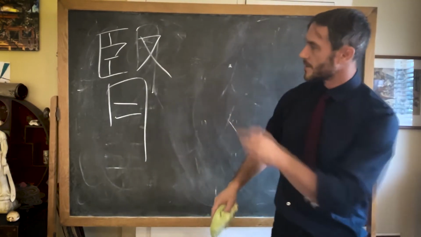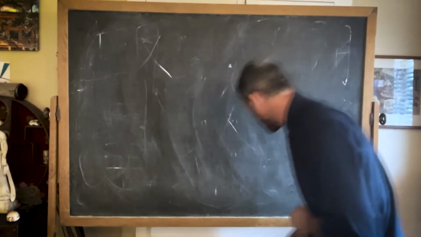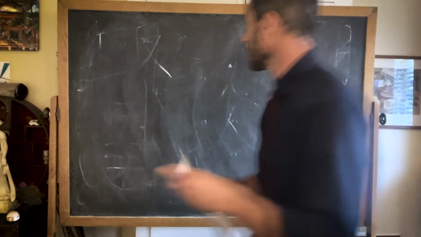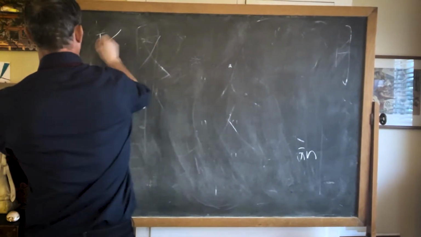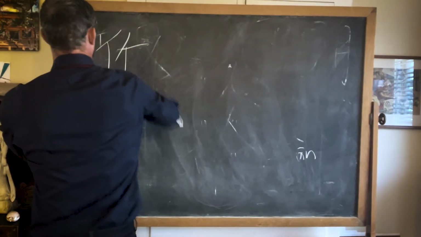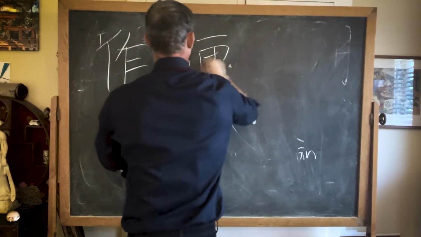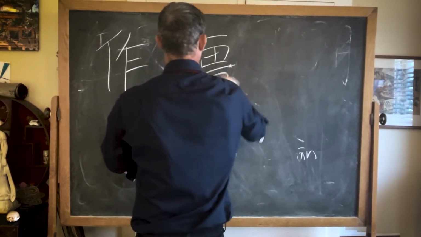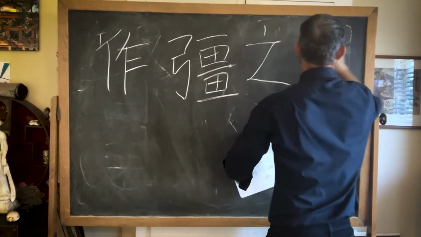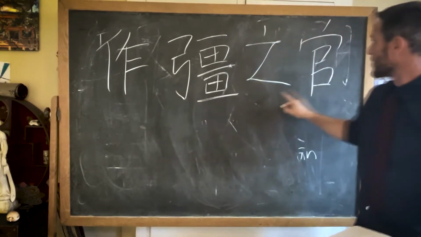So shenzhe, the kidneys, it says that shenzhe is the 做强之官.